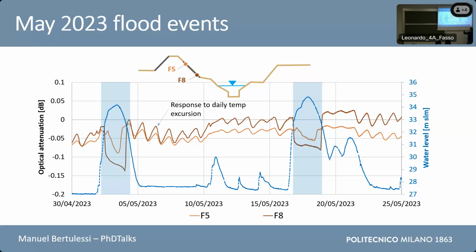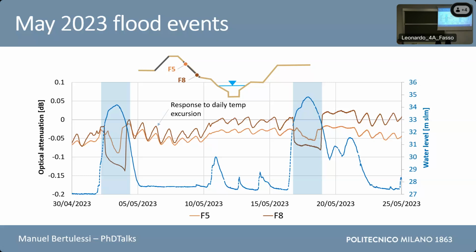We can show how the flood wave in both cases is well recorded in terms of optical attenuation by these sensors, and we can also see the uprising of the level, because we have the first decrease in attenuation in the F8, then a slight mismatch in time for F5, and then the recovery.